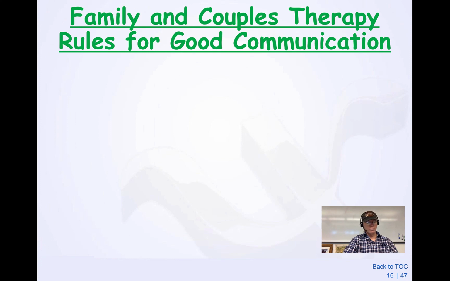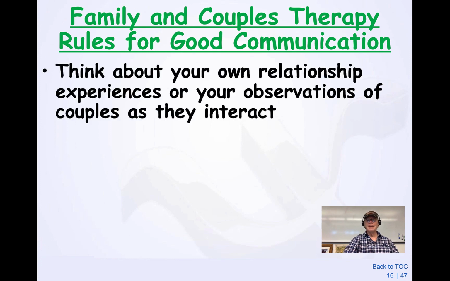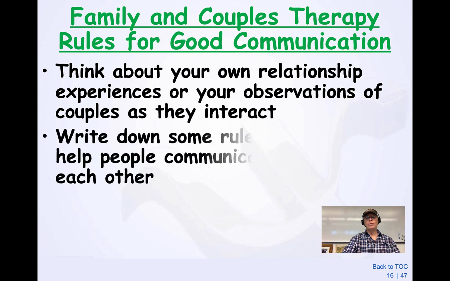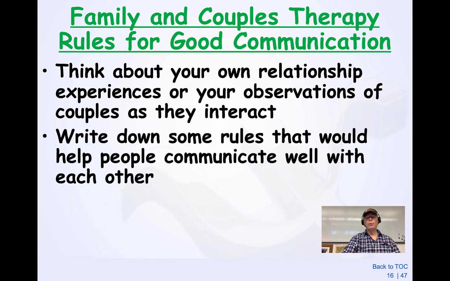So what are some rules for good communication? If you watch people and go, wow, they really are able to communicate, or it doesn't work when you try to communicate as a family or a couple, then sometimes just observation is good. Write down rules that would help people communicate well with each other.